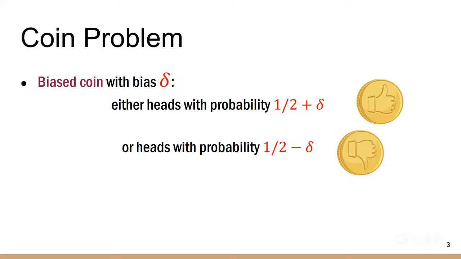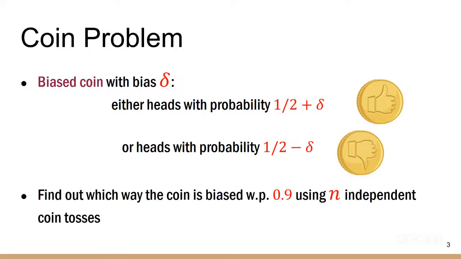And this coin is biased either towards heads, that is, it would be heads with probability half plus delta and tails with probability half minus delta, or it is tails with the larger probability, which is half plus delta. And then we want to figure out which way the coin is biased using independent coin tosses, where the number of tosses is n, and the probability with which we want to solve this problem is 0.9. So this is the problem.